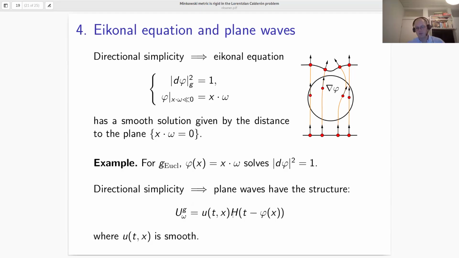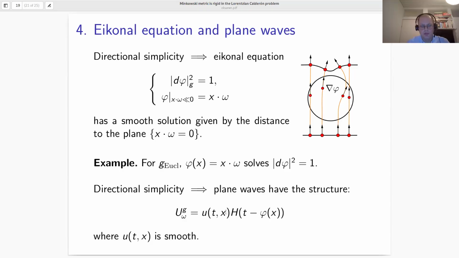So the singularity is no stronger than Heaviside, and that then immediately gives the representation, because then we just have something smooth on the region where the function is not vanishing, and where we know that there are no singularities by the propagation of singularities theorem. Okay, so that's this step.